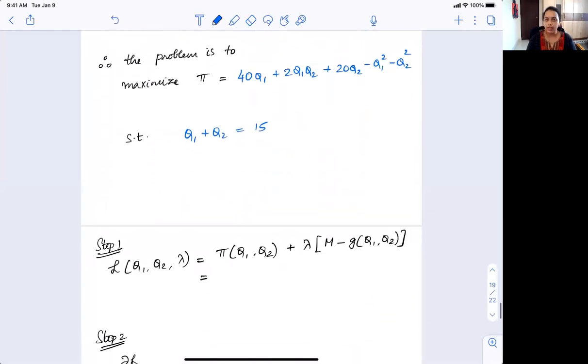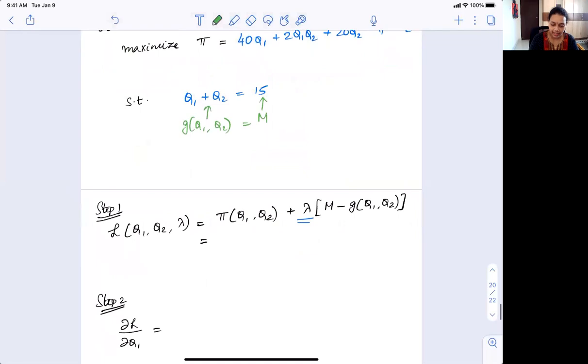Let's write down the Lagrangian function. The Lagrangian function is just going to be our objective function plus a lambda into m minus g of Q1 Q2. Here m is your 15, and g of Q1 Q2 is just Q1 plus Q2.